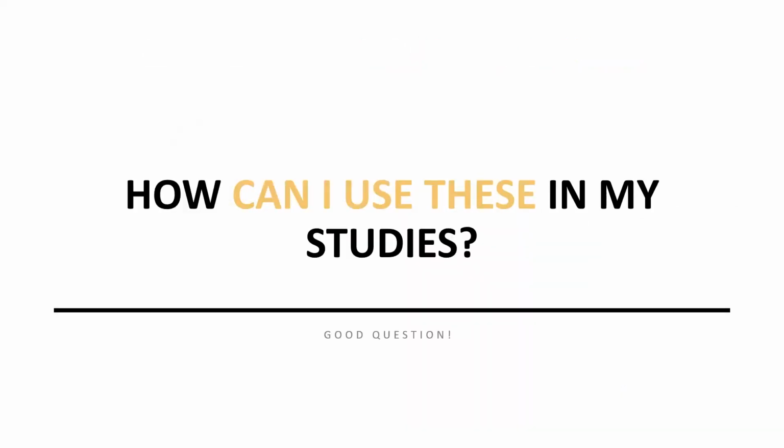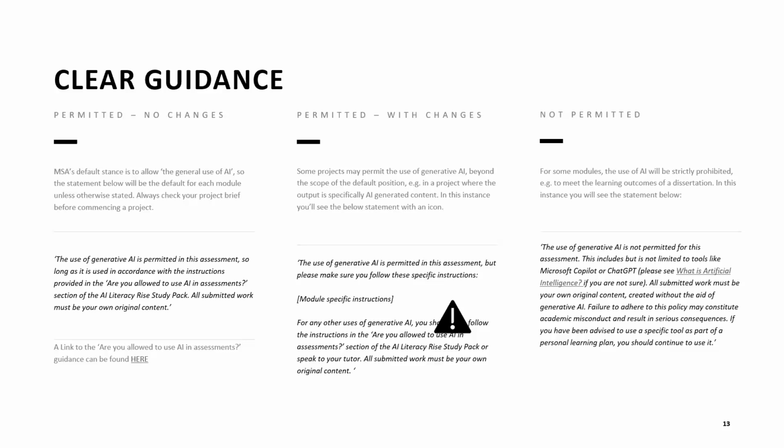So how can you use these in your studies? Back to a boring wall of text with a little icon that moved out the way. I hate it when it does that. We've made this super easy for you over the next year. Within all of your project briefs, you will have a snippet of text as to the appropriate use of AI. Every single brief you study, you'll have a snippet that says one of these.